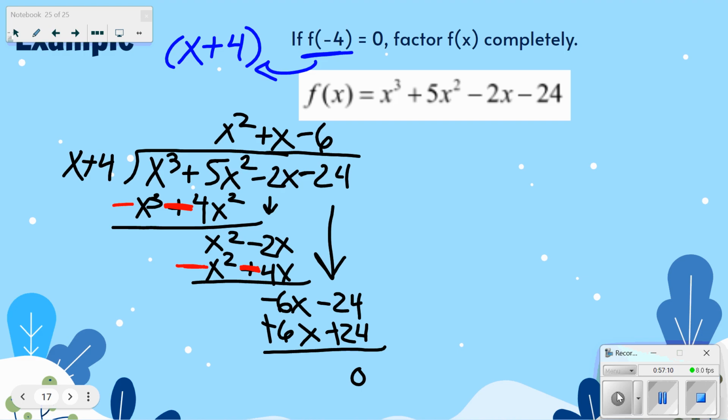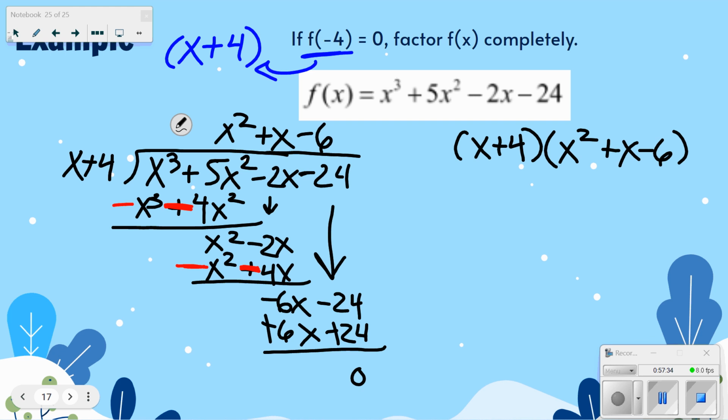You flip the sign here, or just know you were told it from the beginning if you used -4. That's it. So you should have found that x plus 4 times x squared plus x minus 6 gives you back that original function.